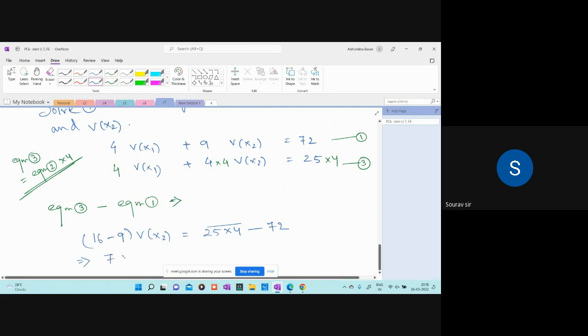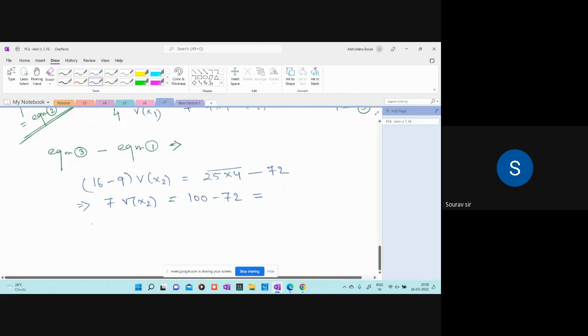That is 7 into variance of X2 equals 100 minus 72. 100 minus 72 equals, tell me the value. 28. So 7 variance of X2 equals 28, so variance of X2 equals 4. So variance of X2 we have obtained. Let it be star.